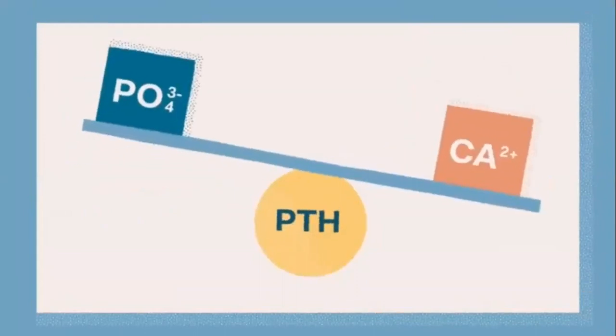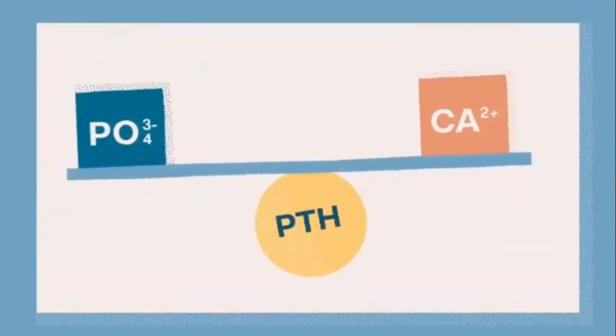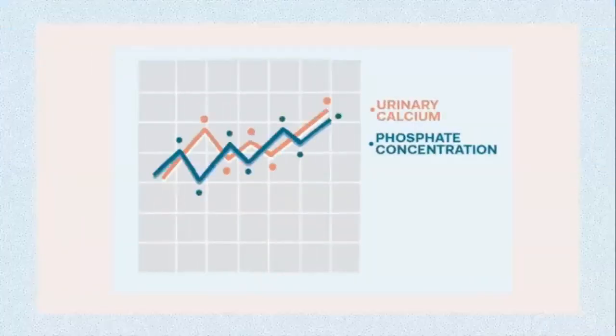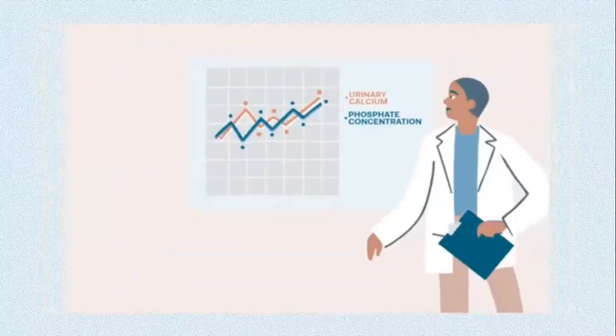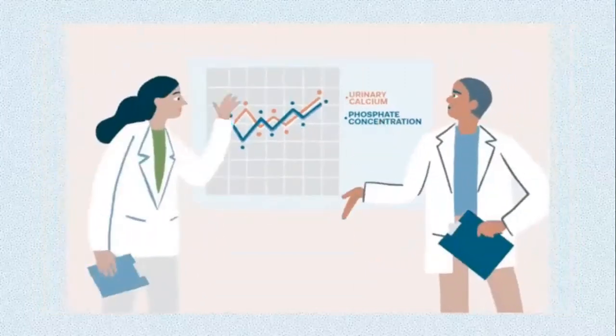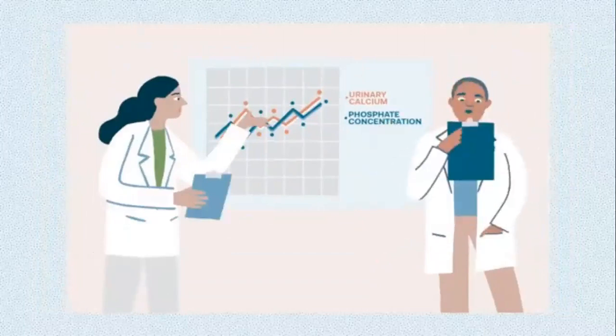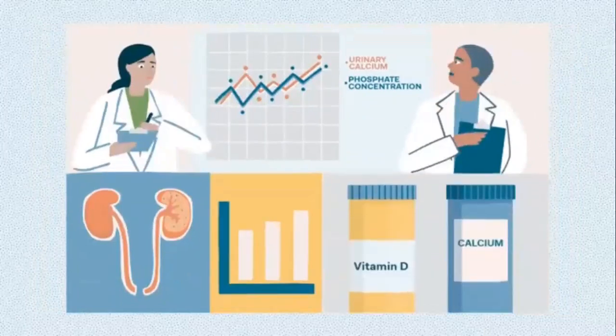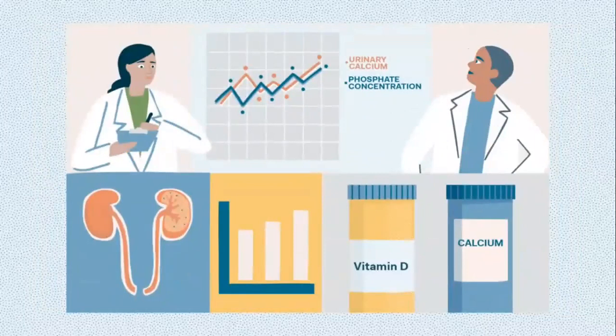PTH is critical in maintaining mineral homeostasis in the body through its effects on bone, kidney, and the intestine. As part of this process, the kidney plays a central role in regulating renal calcium absorption and phosphate excretion and activating vitamin D. Abnormal serum calcium concentration, hypercalcemia, and increased phosphate and calcium phosphate concentration increase the potential for serious comorbidities. It's not fully known what causes the long-term effects of hypoparathyroidism on the kidneys, and whether this is due to severe or long-term disease progression, standard treatment, or both.